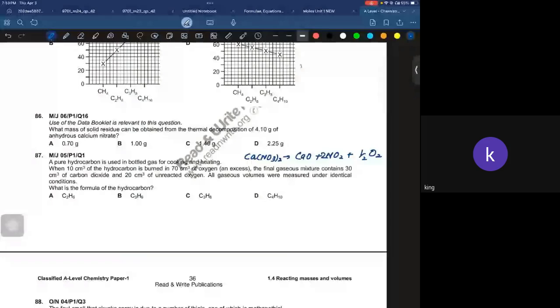Quickly, brother. Mole ratio is 1 is to 1, okay? Mole ratio is 1 is to 1 between calcium nitrate and calcium oxide.